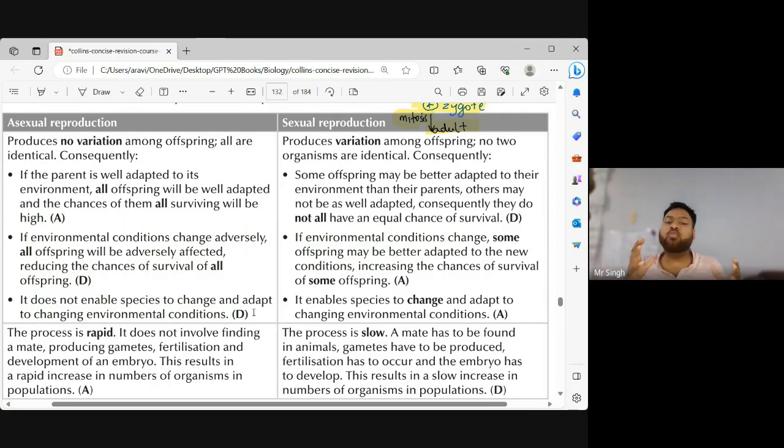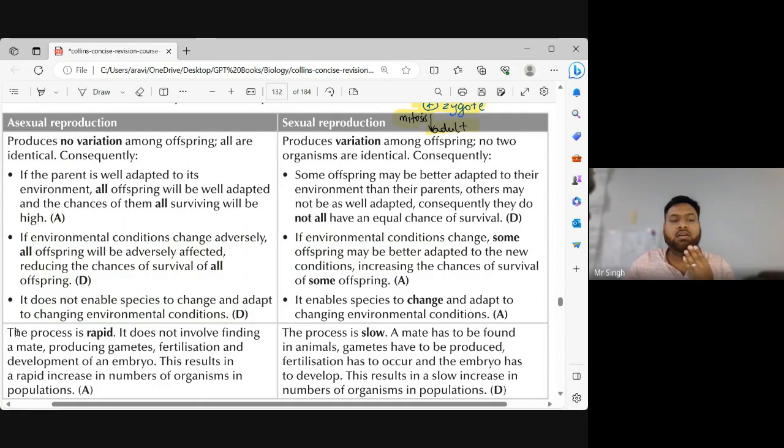There is no real way for those organisms to change and adapt if the environment changes. So the organism must stay the same way until it dies out, or it mutates, or it may find some way to reproduce sexually. Does that make sense, everyone? Anybody confused?